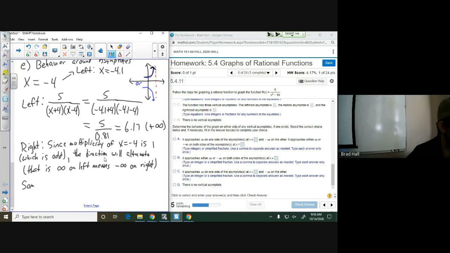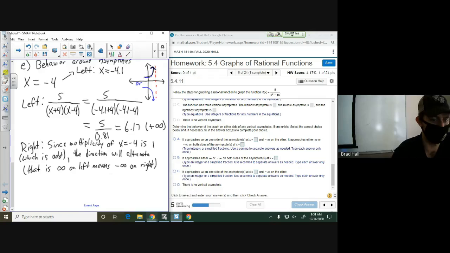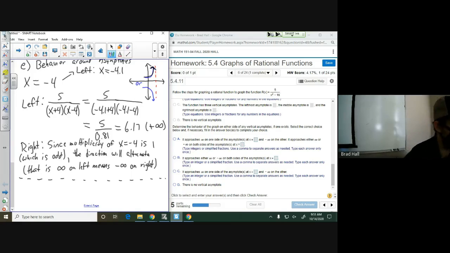This was all for one of the asymptotes, because we found two asymptotes. This was all for the asymptote corresponding to x equals -4. So let's go ahead and figure it out for the other one. +4 was another asymptote.